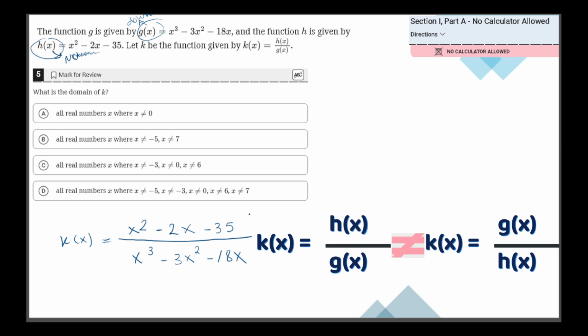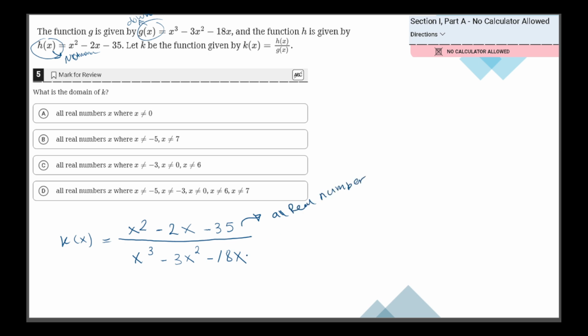So this is a polynomial, and the domain is all real numbers. And here is also a polynomial, and the domain is all real numbers.